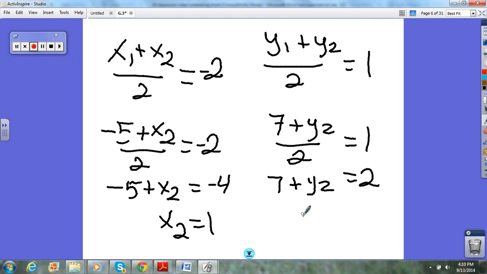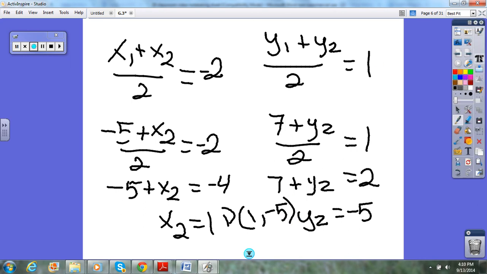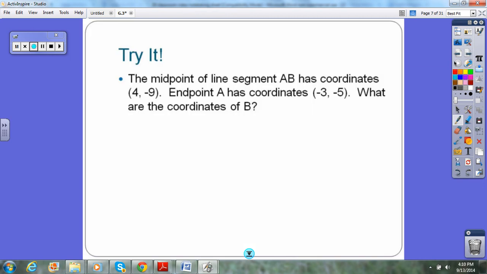Subtract 7 from both sides, we get our y-coordinate to equal -5. So we know that our point D is going to have the coordinates (1, -5). Alright, try this problem on your own.